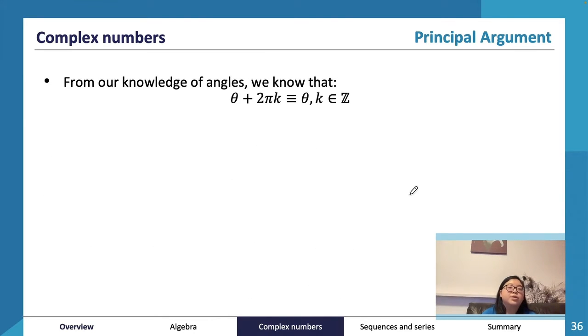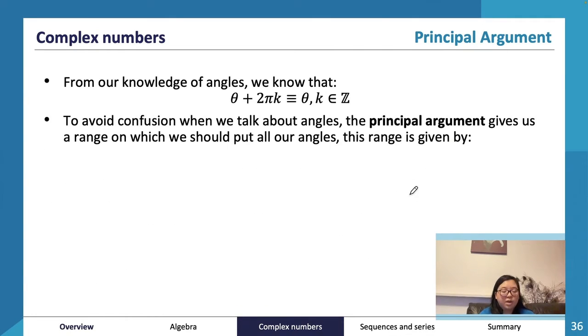Okay, so essentially from our knowledge of angles, we know that theta equals 2 pi k, right? If we have just a normal function without any changes in the period, it's going to repeat every 2 pi k.